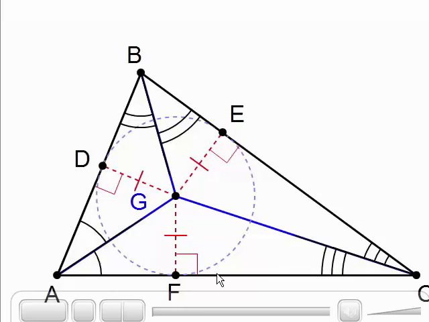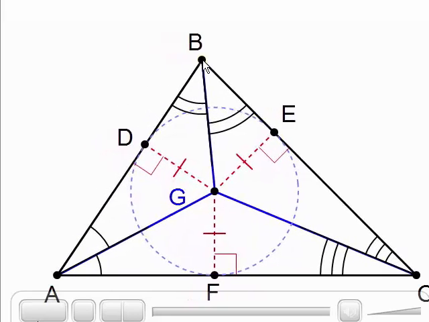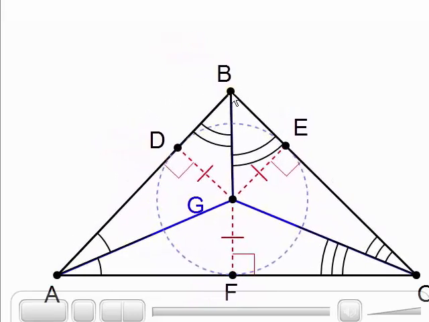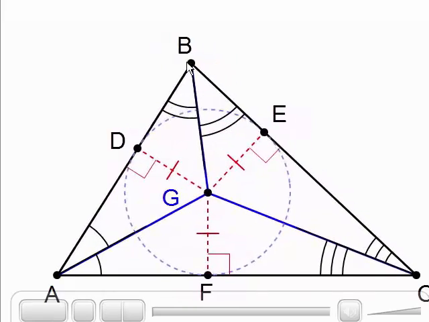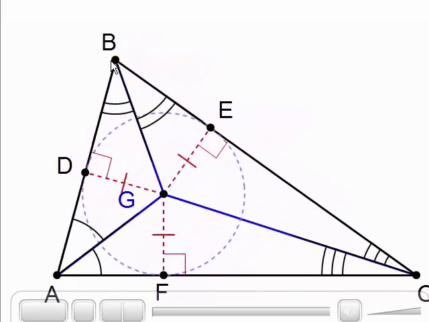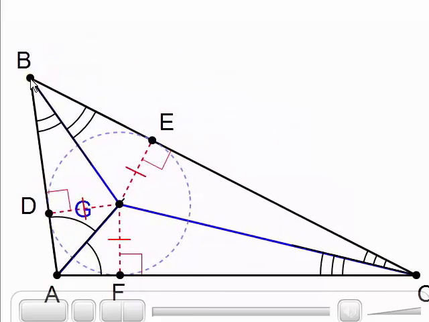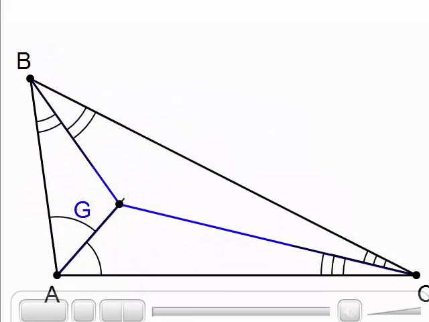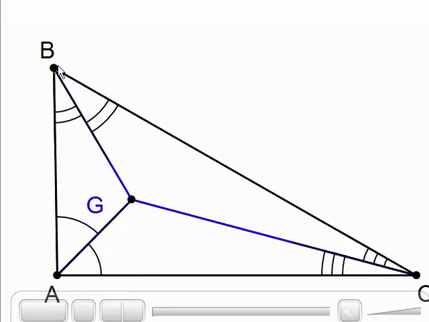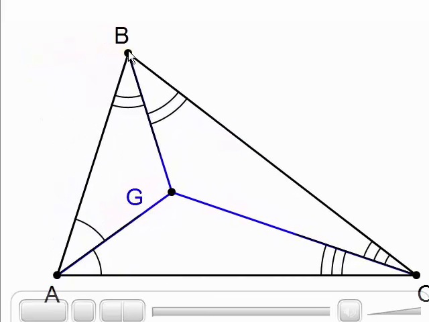So I made a video. Let's see if it plays. Oh, it did automatically play. And you can see me drag point G around, and you'll see that the circle that's inscribed inside that triangle is always inside it, never goes outside it. The incenter, point G, always inside that triangle, never goes outside it.